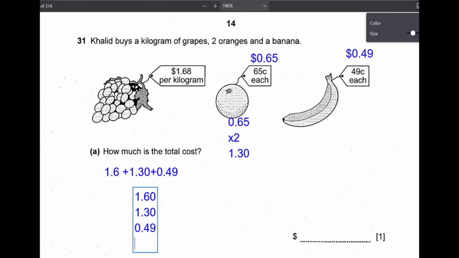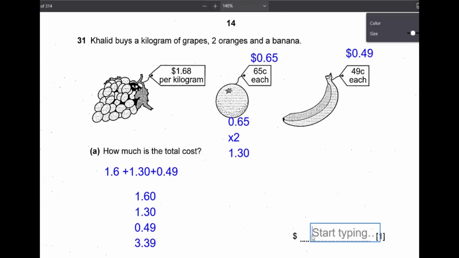Then you add them. 0 plus 9 is 9. Then 6 plus 3 is 9. 9 plus 4 is equal to 13, write 3 and carry over 1. Then you put your decimal point, and this will be 3. So your answer is going to be $3.39.